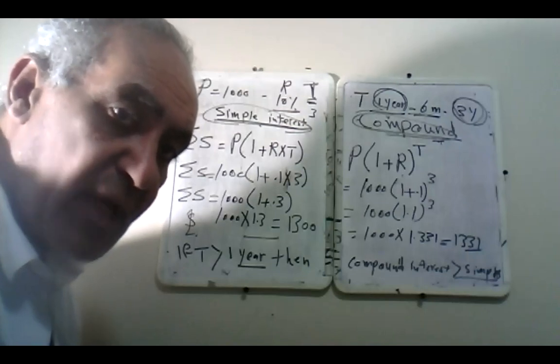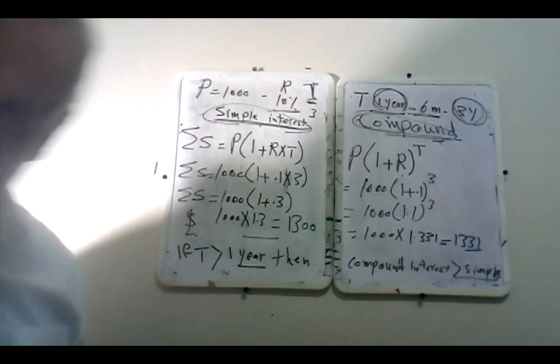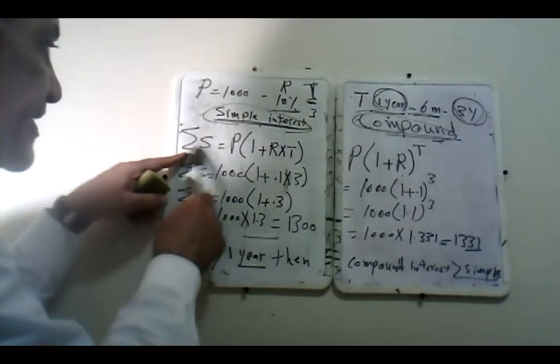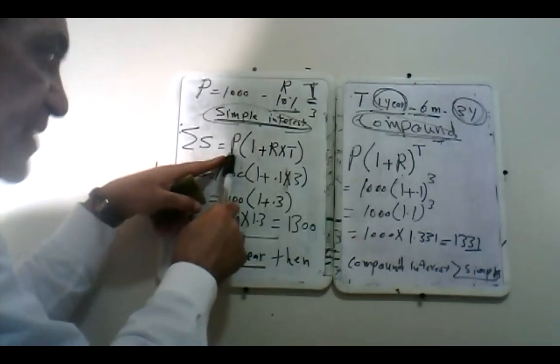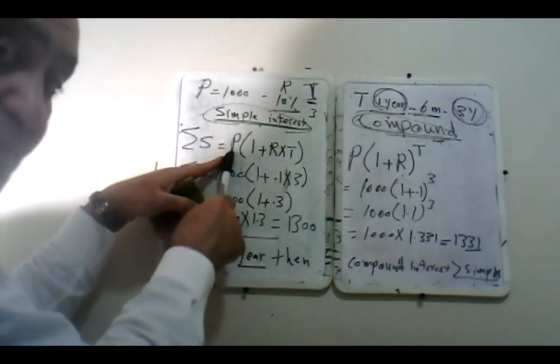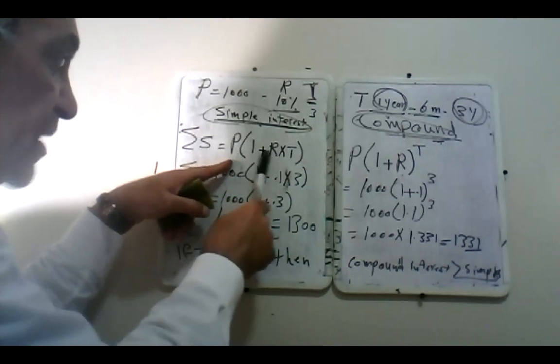So this is about today's example. We said today we talk about simple interest. This is the law of the simple interest. So the sum of the future will be the principal, or the present value now, multiplied by 1 plus r times t.